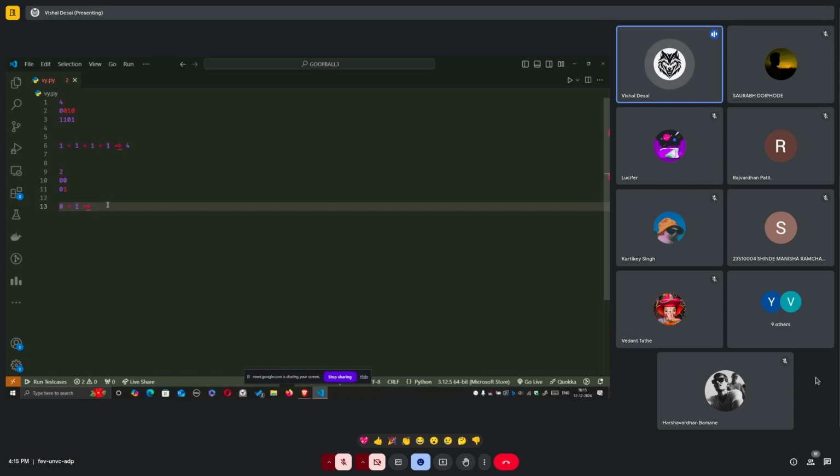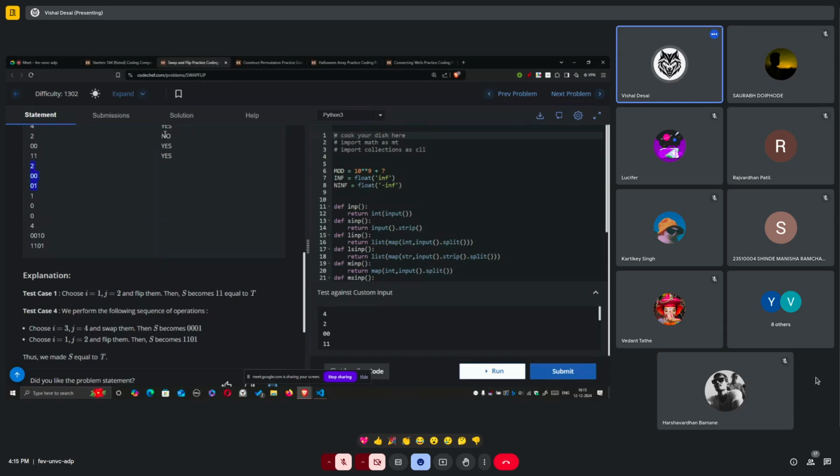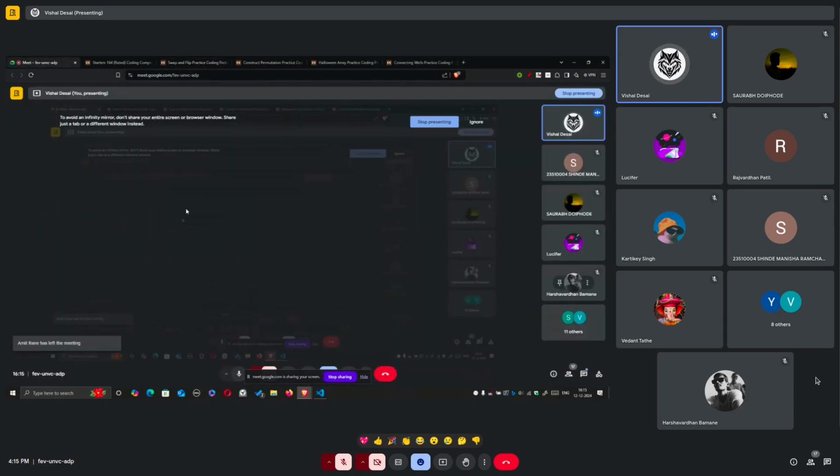Even if it is 3 or 5, we cannot make it. So the answer is simple: just check the indices and count plus plus, and if the final count is even, then print yes, or else print no. Should I implement it, or should we just move on? Yes, please.